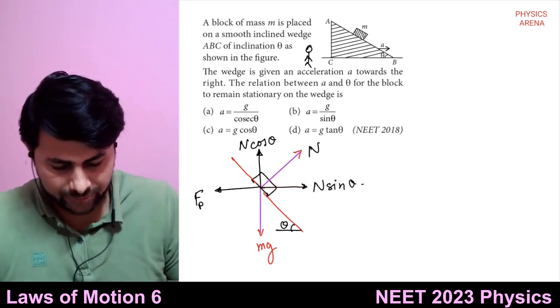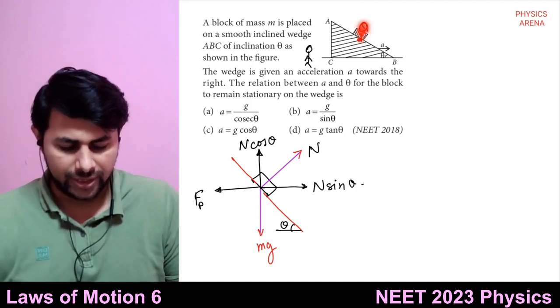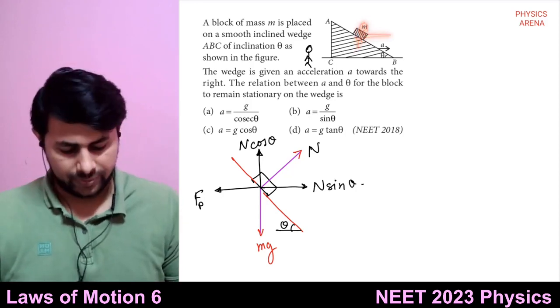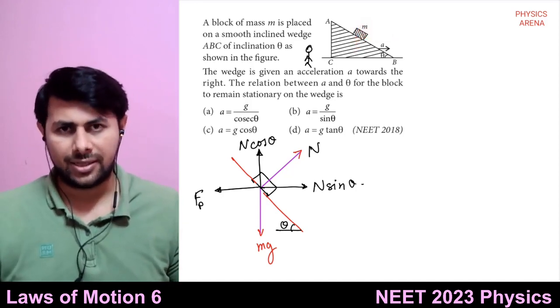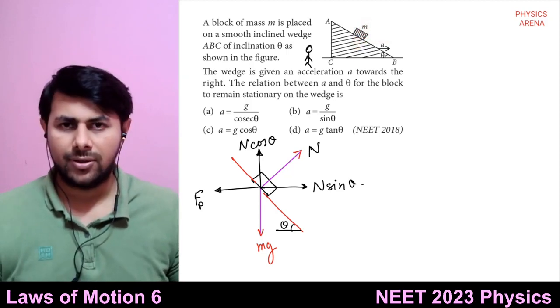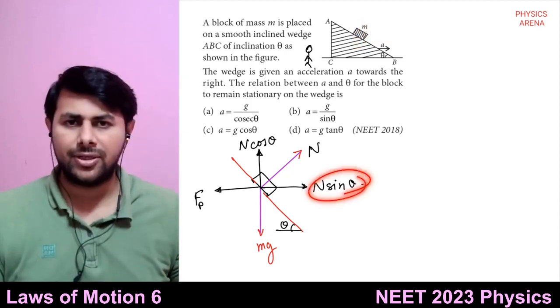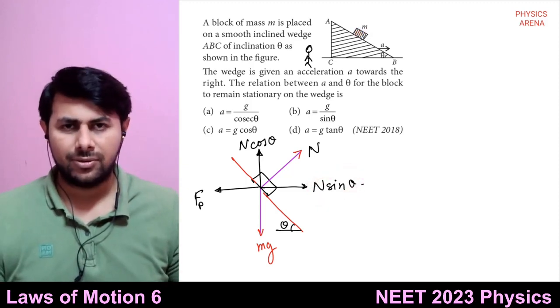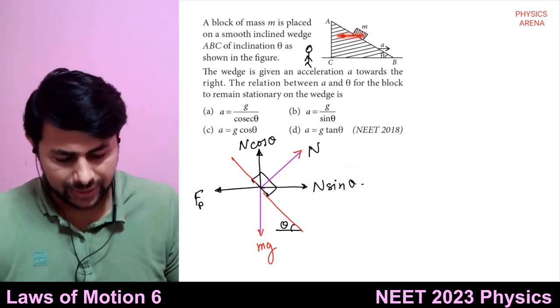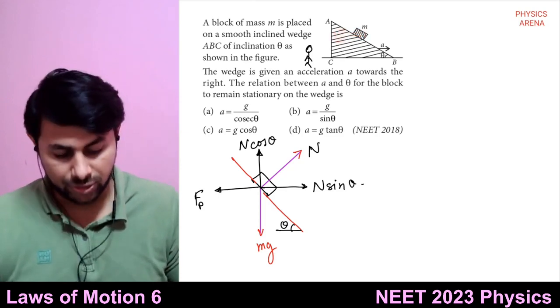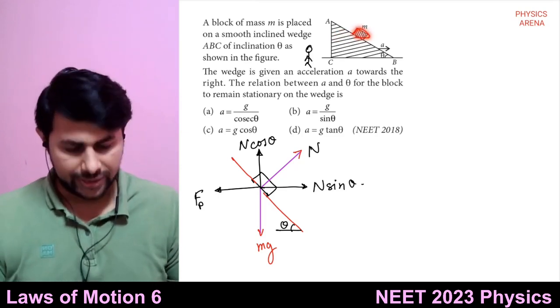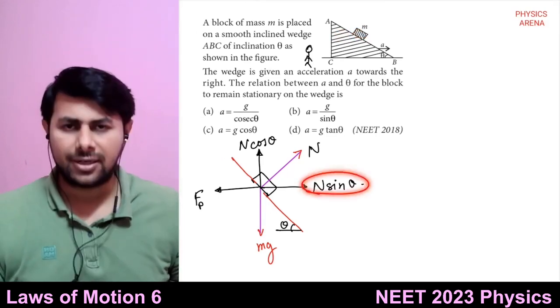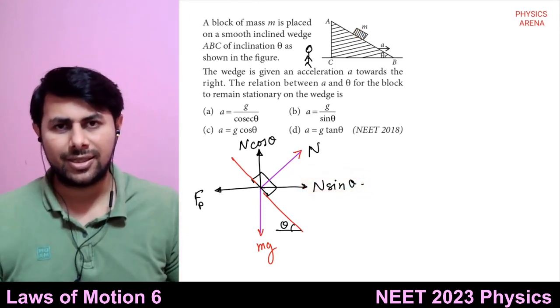So for this observer who is riding along with the block, who is accelerating along with the block, what is this n sin theta doing? There is a pseudo force acting on the block towards left. So this n sin theta is balancing that pseudo force.